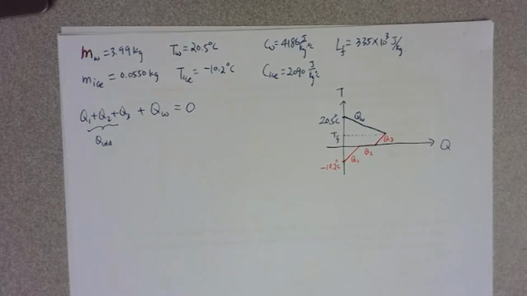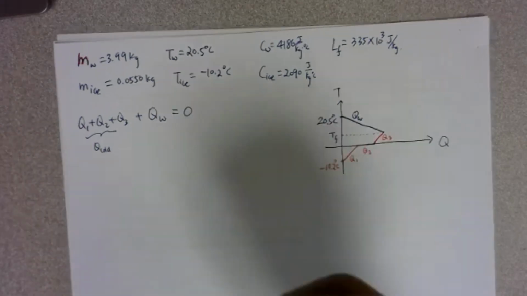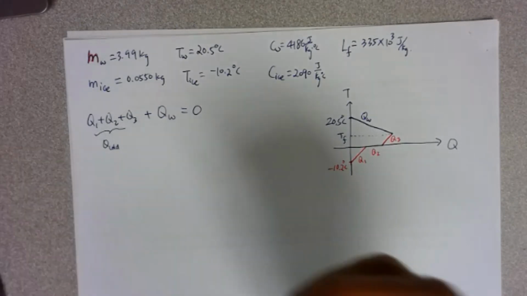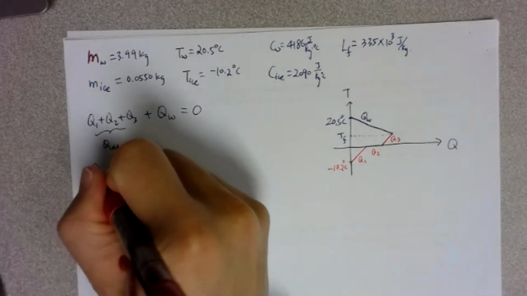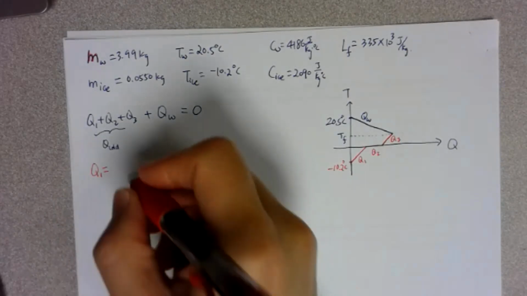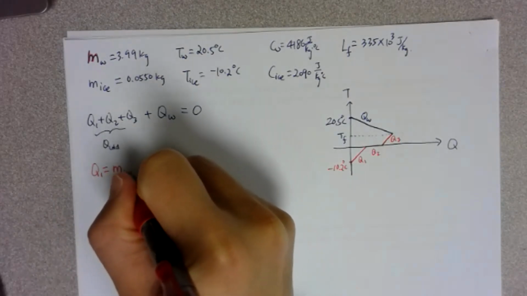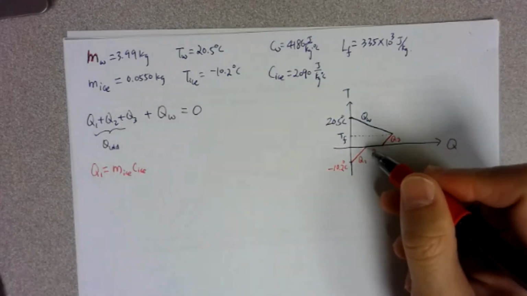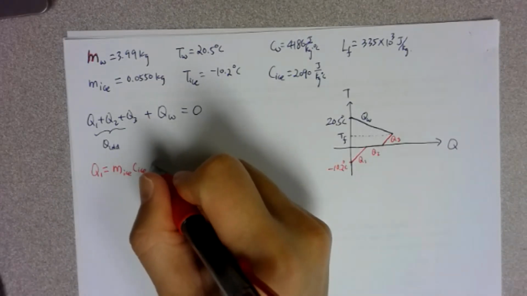Q1, Q2, and Q3, you can calculate them separately. So Q1 is actually mass of the ice, C of the ice, raises temperature all the way up to 0, delta T1.